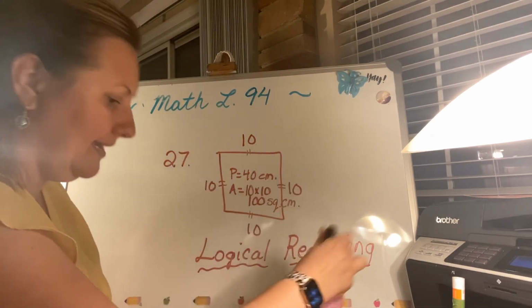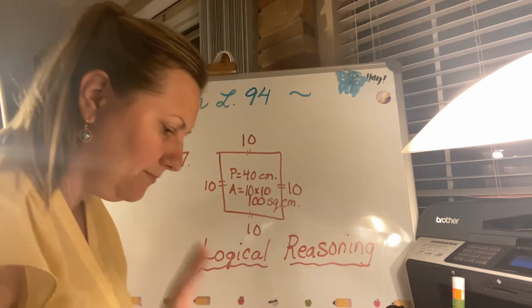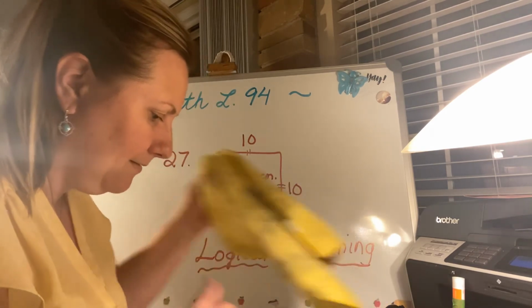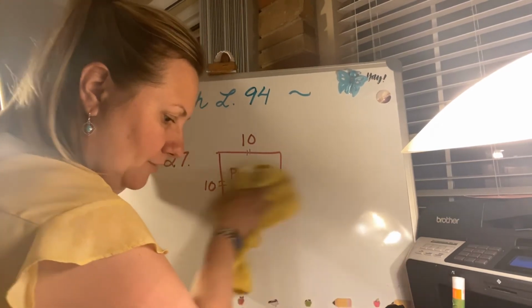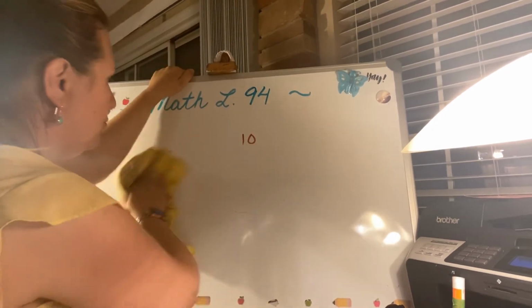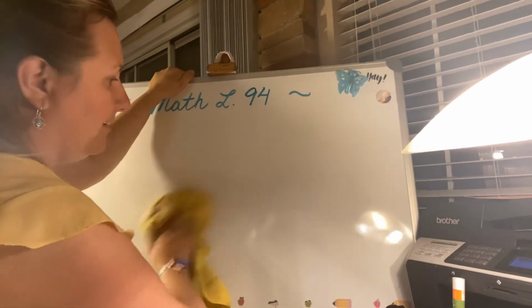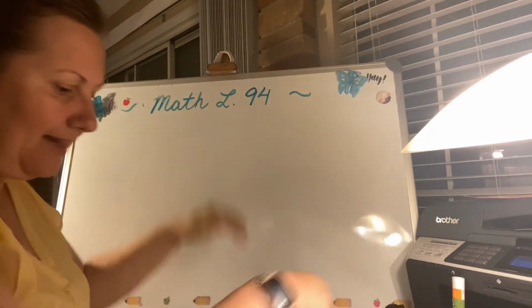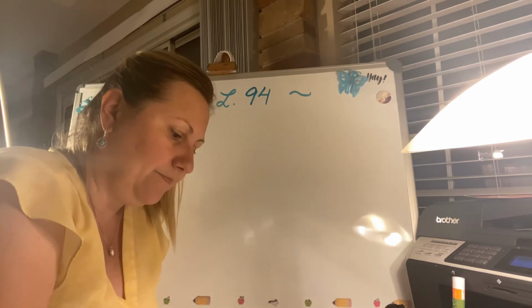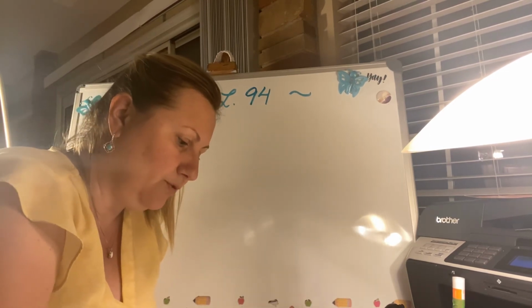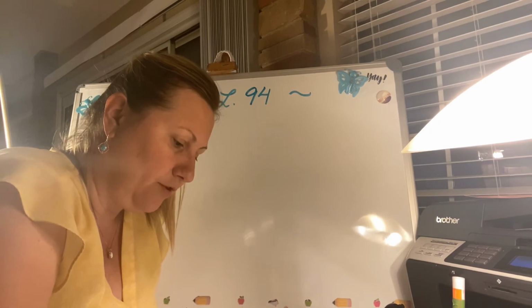Number 28, no, not 28, number 29 says compare 0 and 25 hundredths to 0 and 250 thousandths. Guys, that is exactly equal. All they did was put another 0 into 0.25.